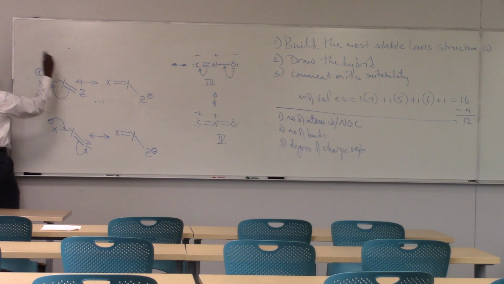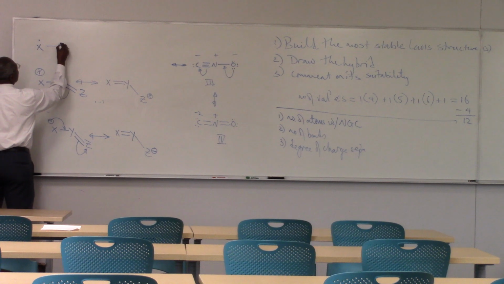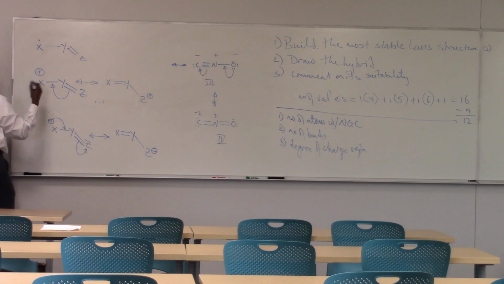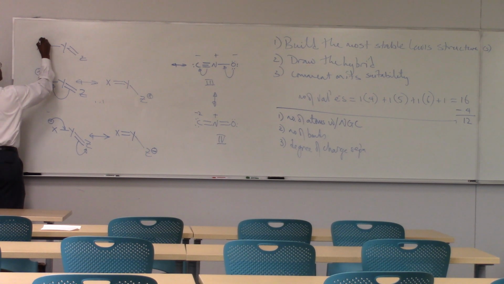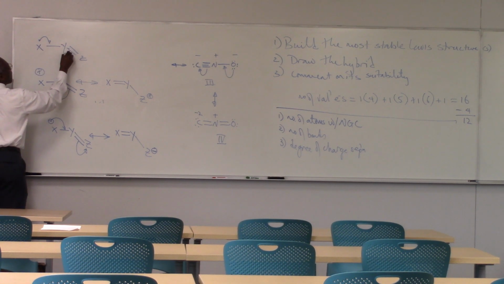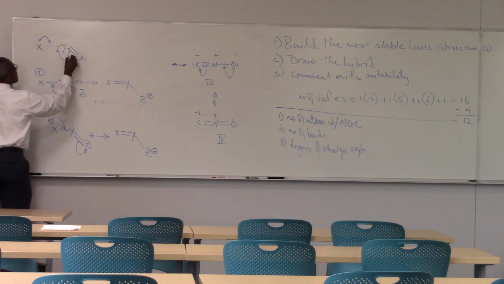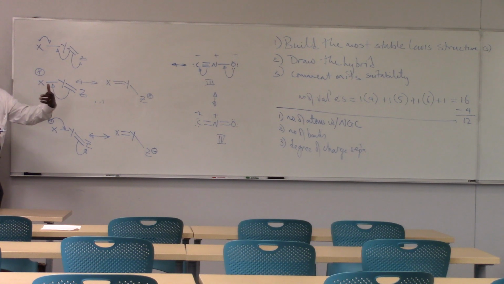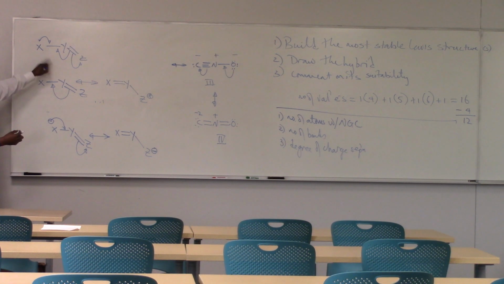And the third example, which I'll draw now, is if I have X with a lone electron attached to Y in a multiple bond to Z. In a case like that, one of these electrons goes here, one of these goes here, and the other one goes here. Now, as we get more mature in organic, I will simplify that diagram a lot more.